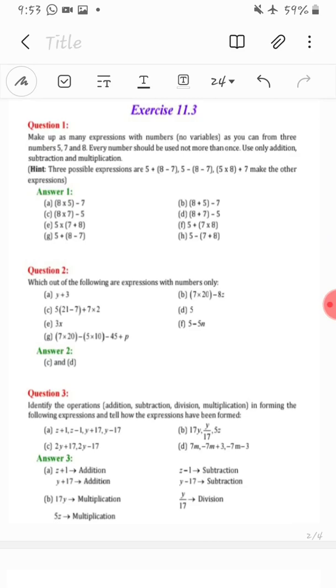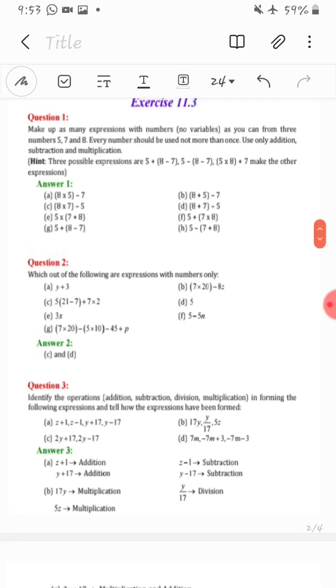Then f, 5 minus 5n, here also n is a variable. And g, 7 into 20 minus 5 into 10 minus 45 plus p, so p is a variable, that is why it is also not correct. So in question number 2, the expressions with numbers only are c and d, that is 5 into (21 minus 7) plus 7 into 2, and d, which is only 5.